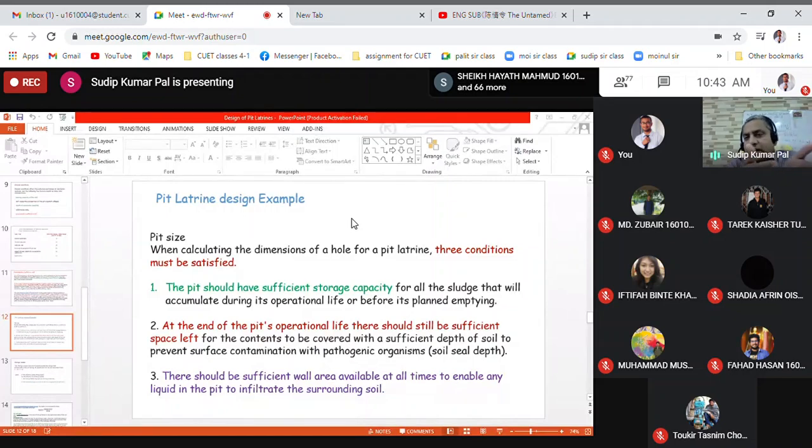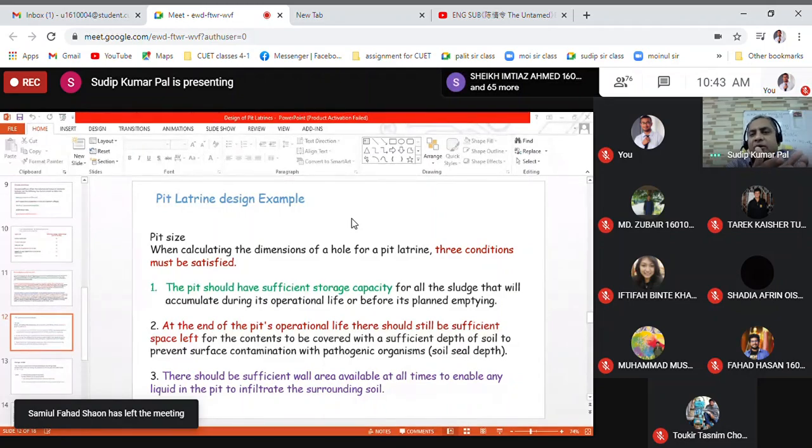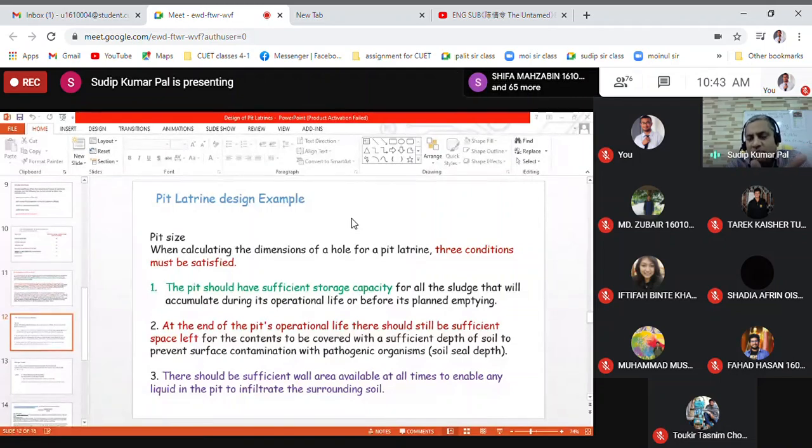If still in the exam I'm not providing this data, then what will you do? Obviously, you have to assume some of the data. So you know exactly the clay is less pervious, sand is more pervious.